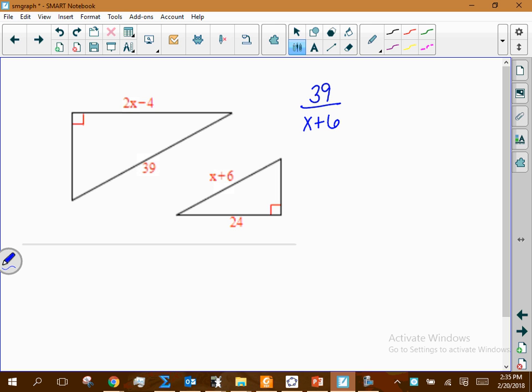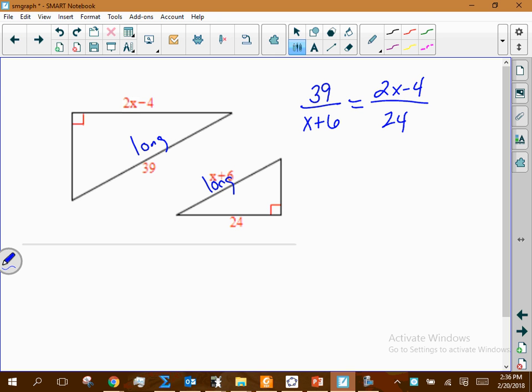X plus 6. The longest side has to compare to the longest side. Now the argument is, if that's the case, then hopefully it makes sense that because of what we're left with, 2x minus 4 has to compare to what? 24. That's the only argument we can make.